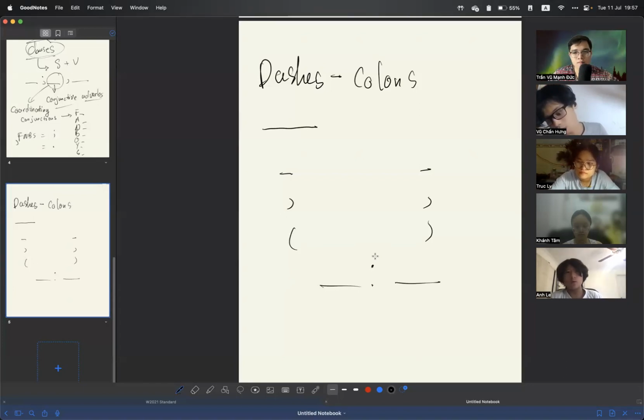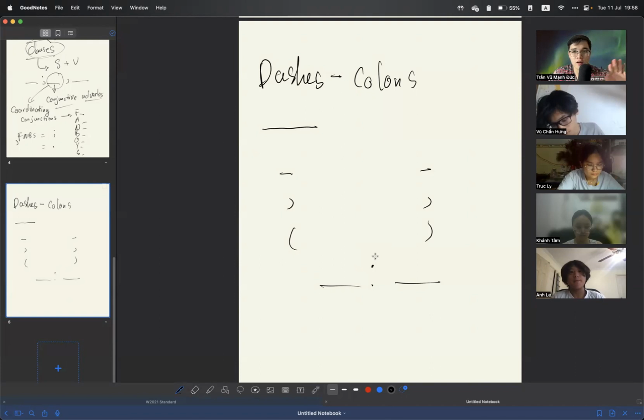Is the one before like the dependent clause and then the after is the list? Can you tell me what a dependent clause is in that case? What did you mean by dependent? Like it's not full, it's not finished.